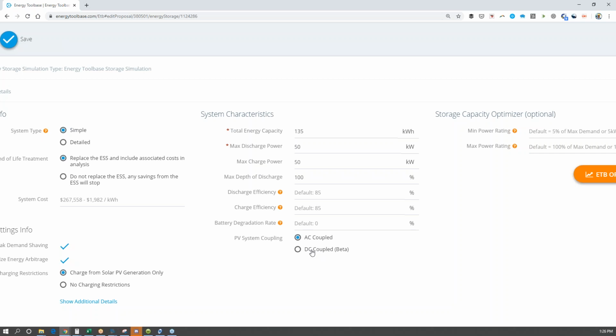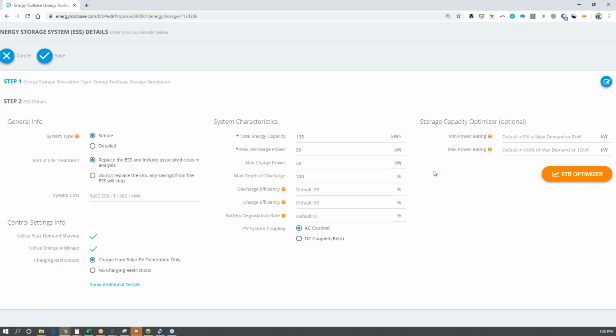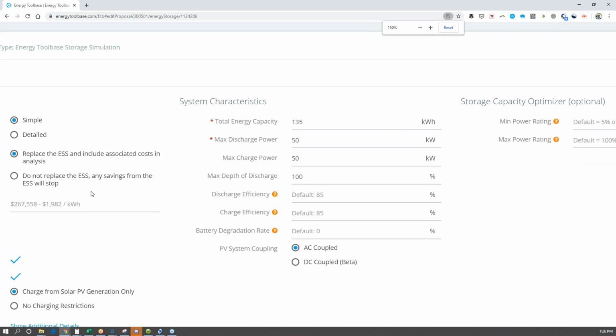Energy Toolbase is really written with lithium-ion batteries in mind. And then we've got some additional rules here.